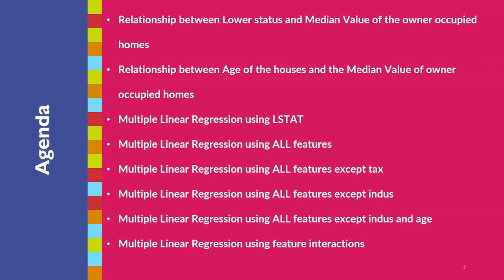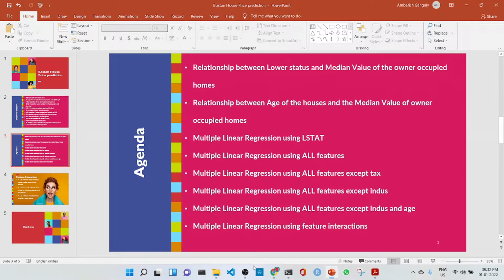Multiple linear regression using all features, multiple linear regression using all features except tax, and all features except INDUS and age, and also we will use feature interactions. So let's jump in and see how this is done.